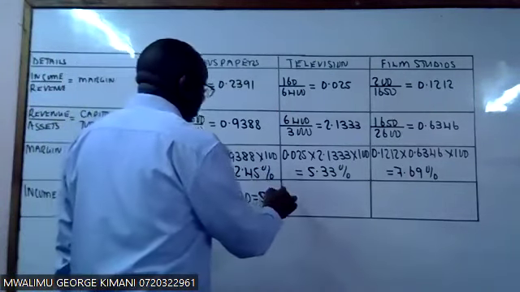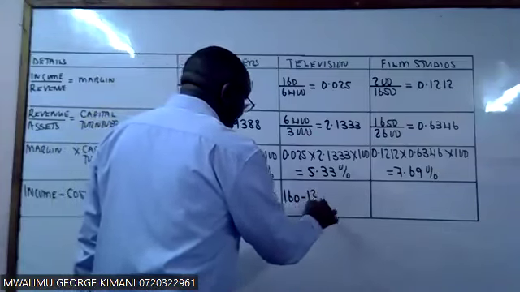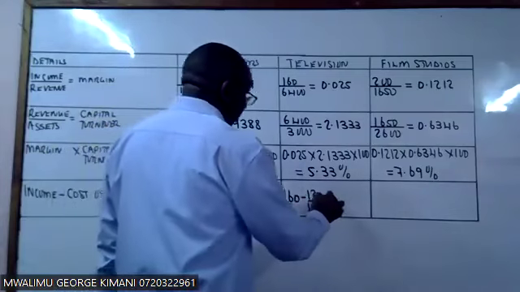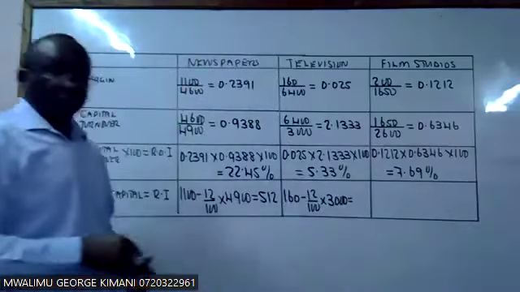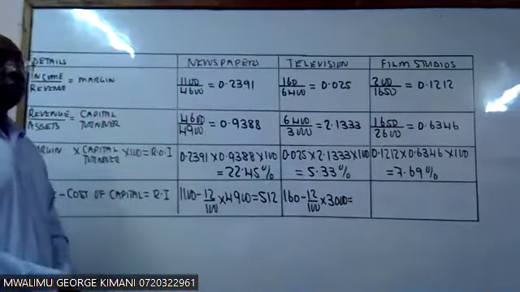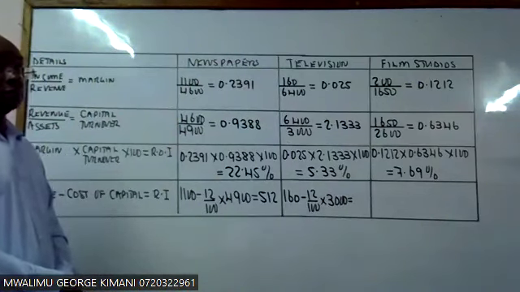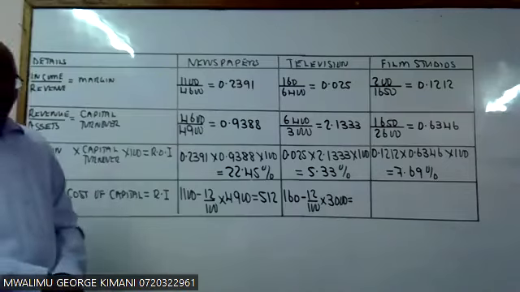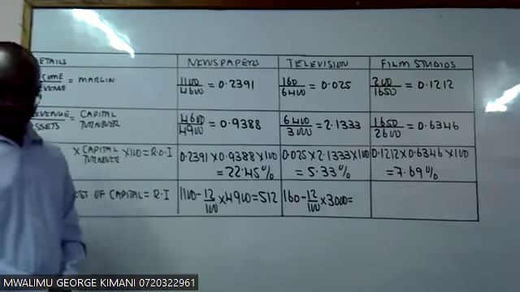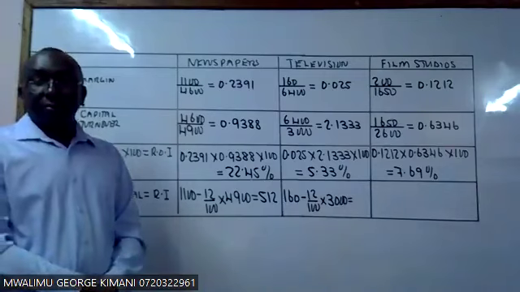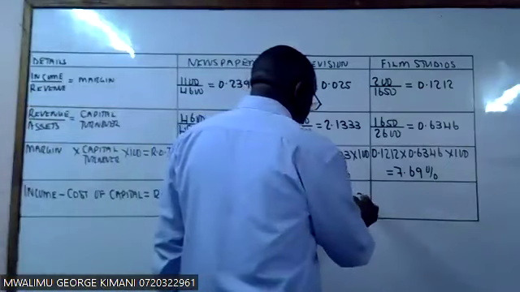Then here the income is 160 minus 12% of the assets, which are 3,000. Minus 200.